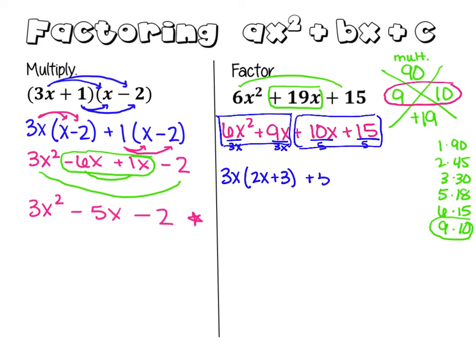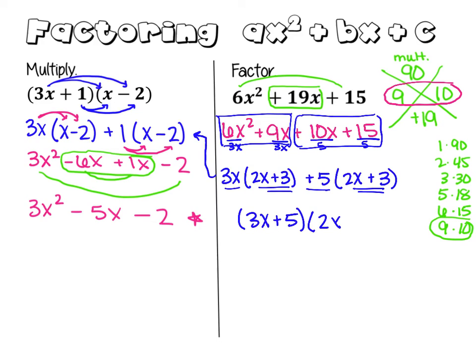So positive 5. And then what would be left? Well, 2x plus 3. And now that should look a whole lot like this step right here, where we first distributed. So that means the 3x plus 5 was my first factor, and then the 2x plus 3 must have been what I was distributing to in that second factor.